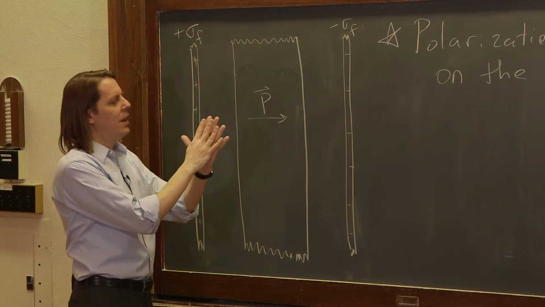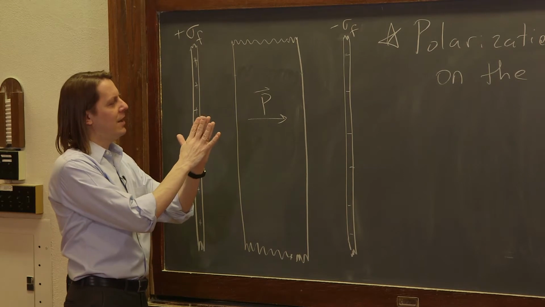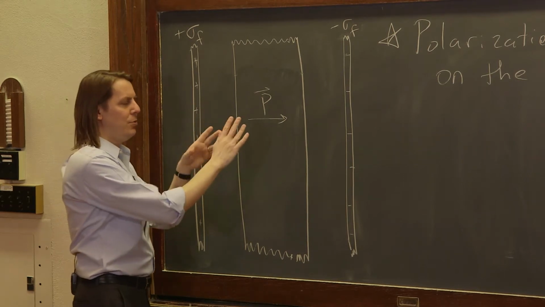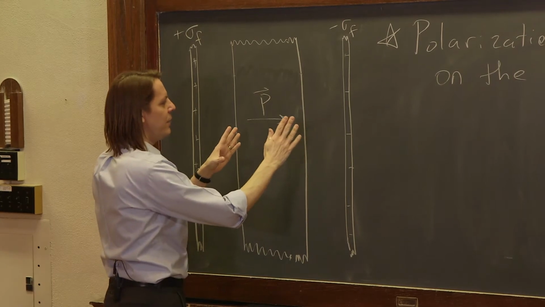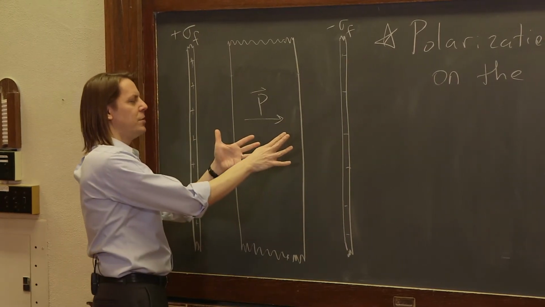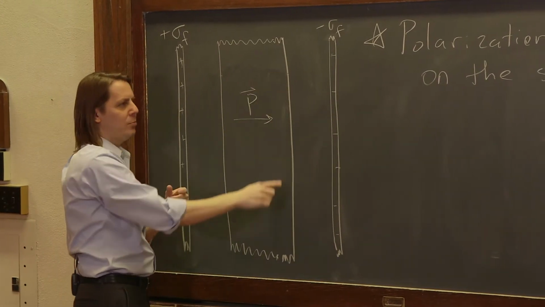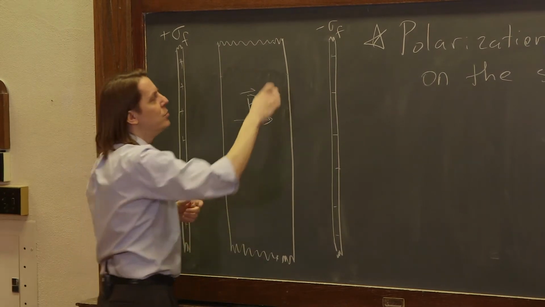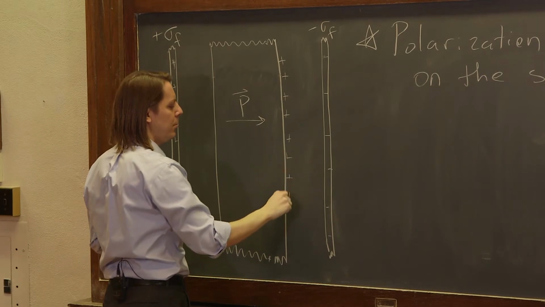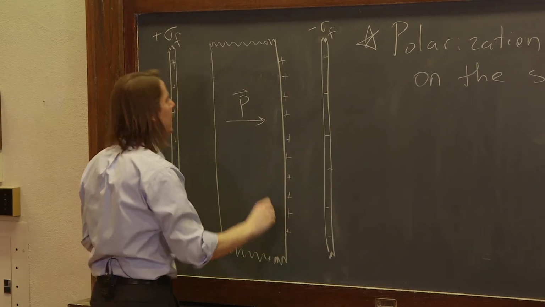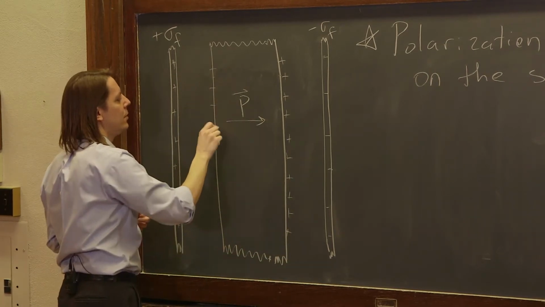It's just smooth. If we polarize it, what it means in that case is the smooth, continuous positive charge moved a little bit that way. The smooth, continuous negative charge moved a little bit this way, and they get a little bit exposed on the surface. So you get a little bit of a charge density over here, positive, and you get a little bit of negative over here.